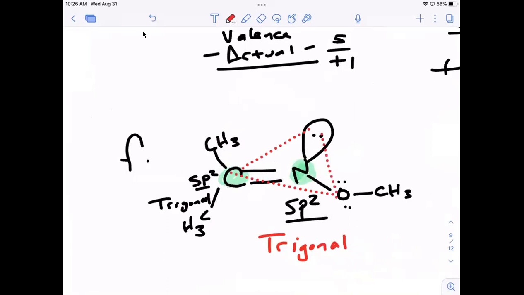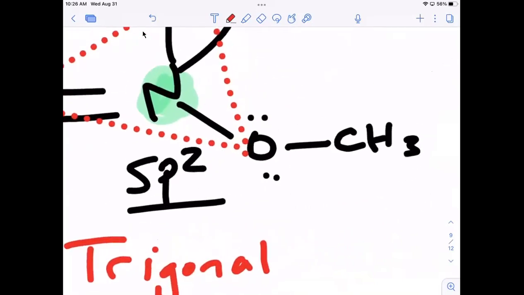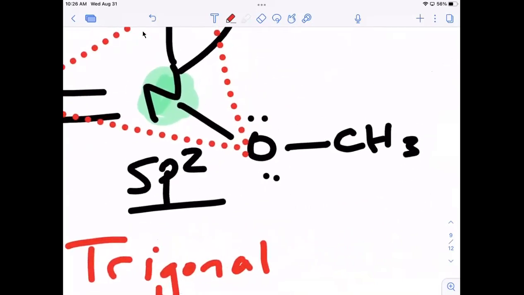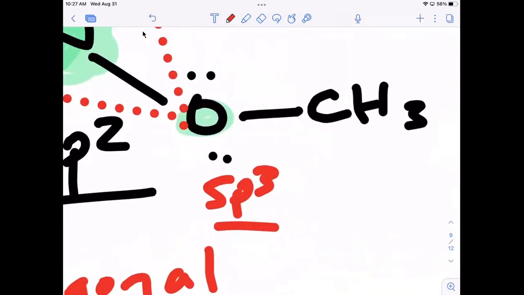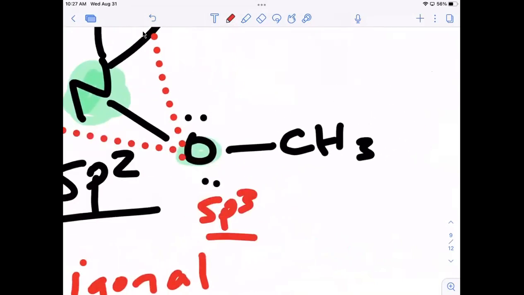All right. What about the oxygen down here? What do you think? sp3. sp3, excellent. This is sp3. How'd you come to that conclusion? Because it has 4 electron regions, and the electron lone pairs still act as orbitals.